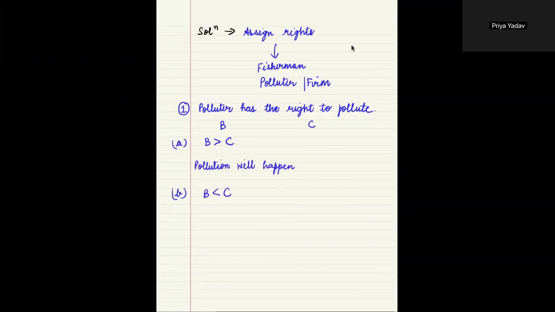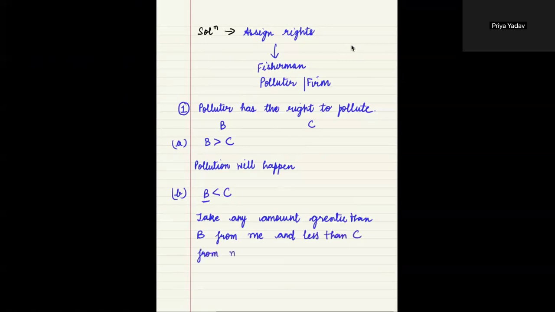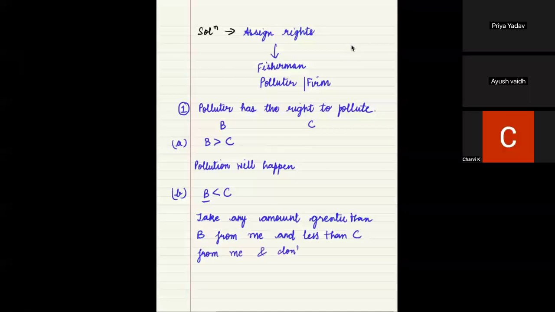In this case, the fisherman will say to the polluter: by polluting, you are having a benefit of B, so take any amount greater than B from me and less than C from me, and don't pollute.